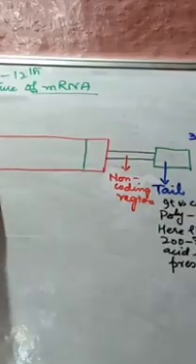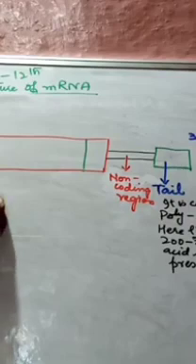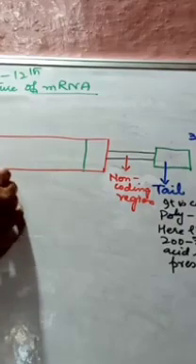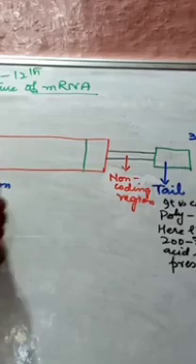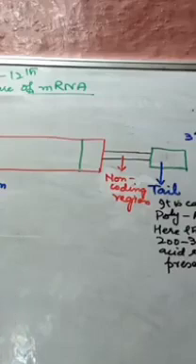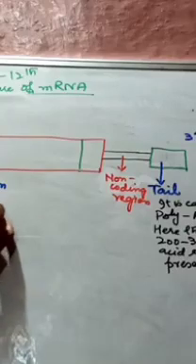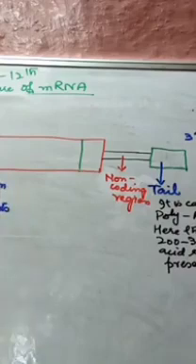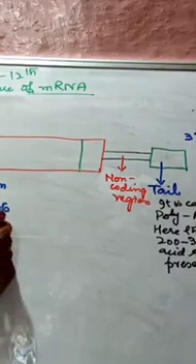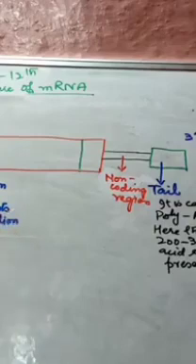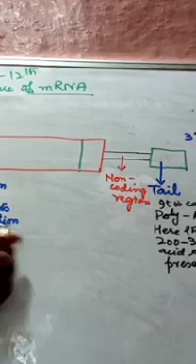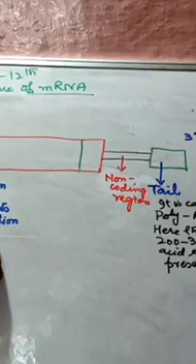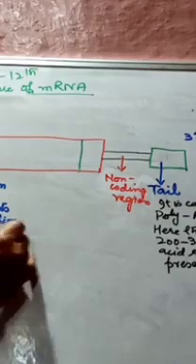It is the initiation codon, which starts the formation of the protein chain.